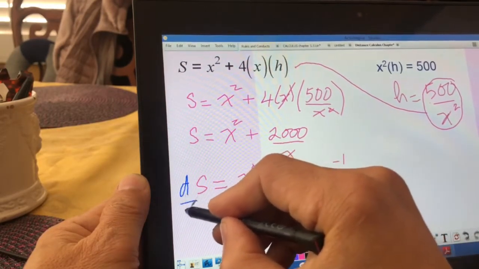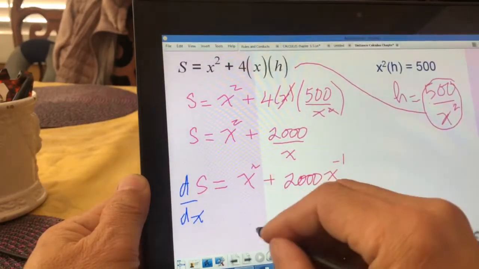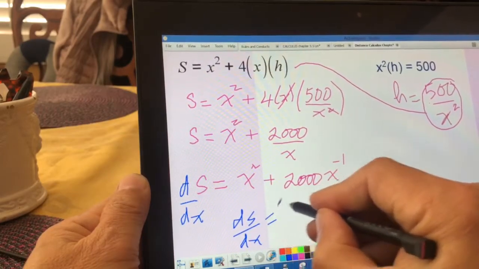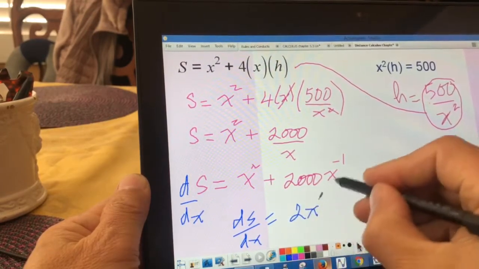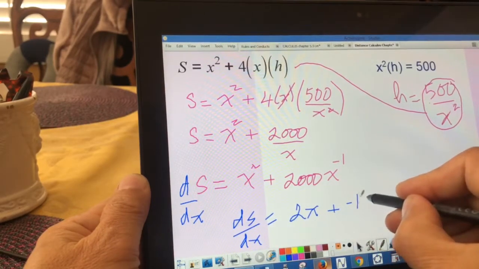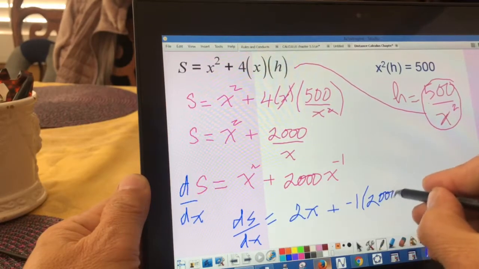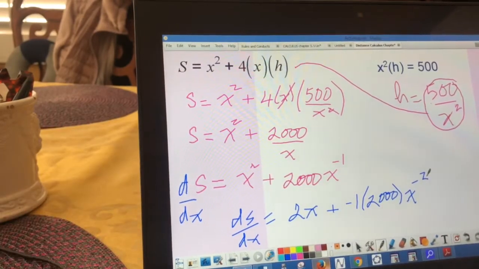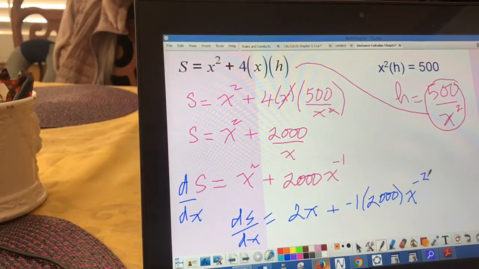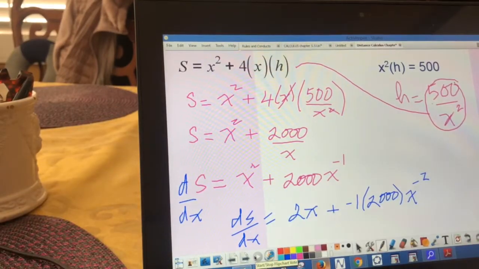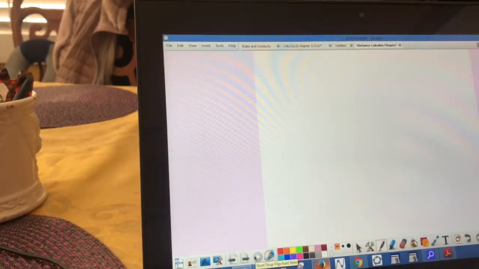So when I do d/dx here, derivative with respect to x, my dS/dx will equal 2x plus -1 times your 2,000, then x to the -2. Okay, we're going to clean that out. That's, you know, algebra. So on the next page, we'll clean it out and we'll set it equal to 0 because we're trying to minimize it.